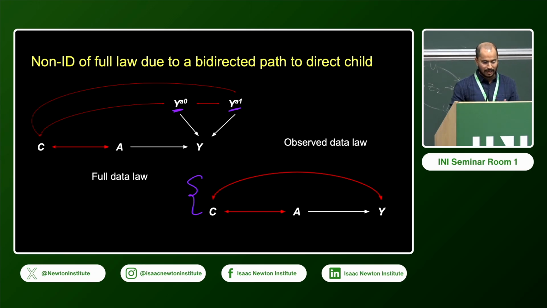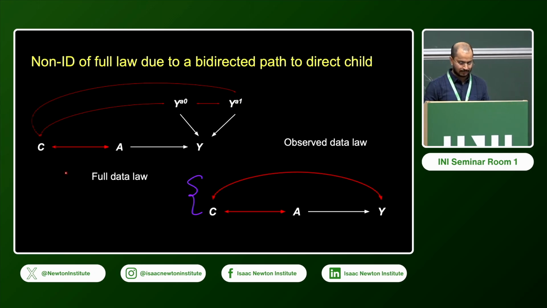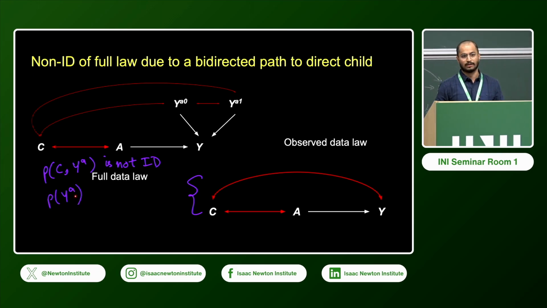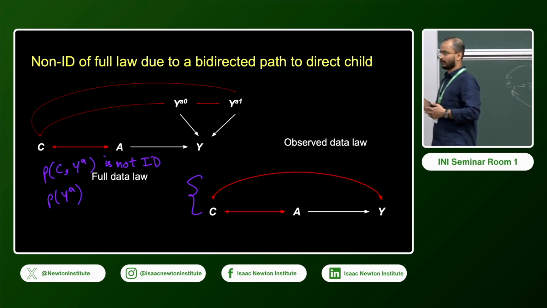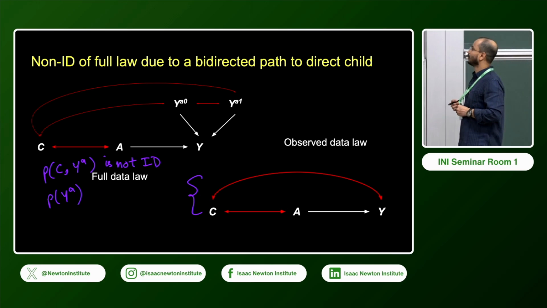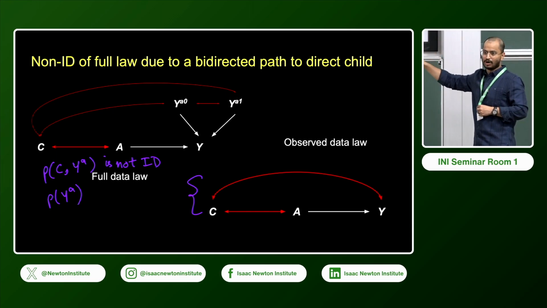Okay. But the interesting thing about this is that according to Tian and Pearl's theorem, P of C and Y^A is not ID. That doesn't, however, necessarily mean that P of Y^A is not ID. It could be that you can just get the margin, but you can't get the joint. And this is actually the simplest example in which you don't get that joint, but you do get the margin.